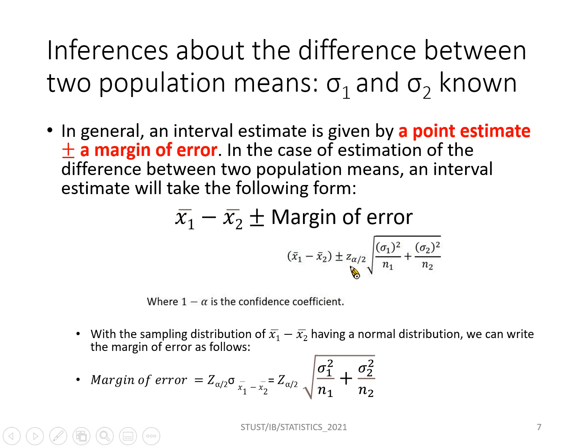Then use the z-value at half alpha and multiply by the standard error of x1 bar minus x2 bar. Okay, then that is the margin of error for you. Then you add the point estimate plus or minus the margin of error to get the interval estimation.